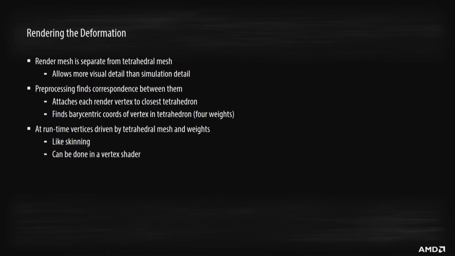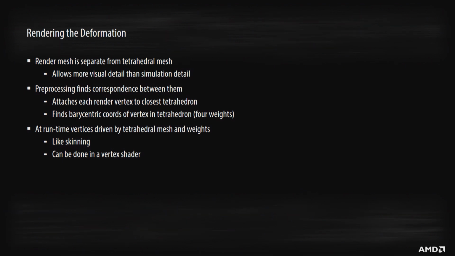Okay, so to render these FEM objects, I'll just explain the method that we used. Like a number of publications, we have two meshes. We've got the simulation mesh and we've got a render mesh. And the benefit of having that is that the render mesh can basically have whatever detail you want to include, a lot of fine detail potentially that you don't have to have in the simulation mesh.